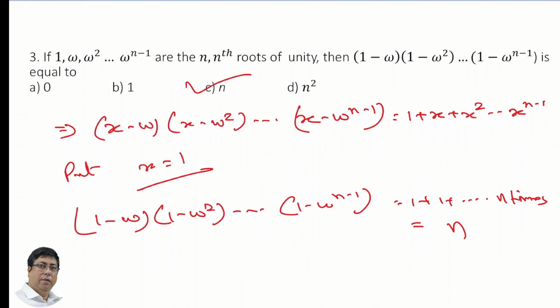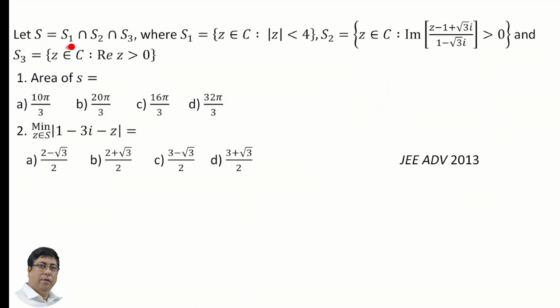Now we'll solve one more sum, and it is a very interesting sum which came in the IIT examination. Let S be the intersection of three sets, where the S1 set is mod z less than 4, which is a circle, the S2 set is where the imaginary part is greater than 0, and S3 is this.